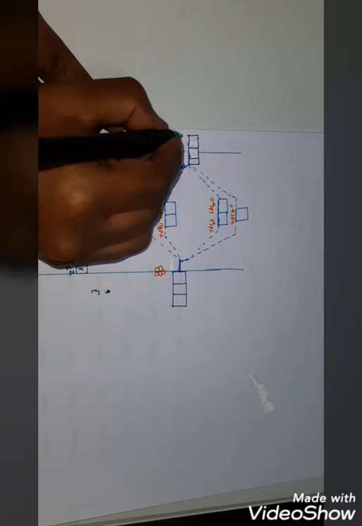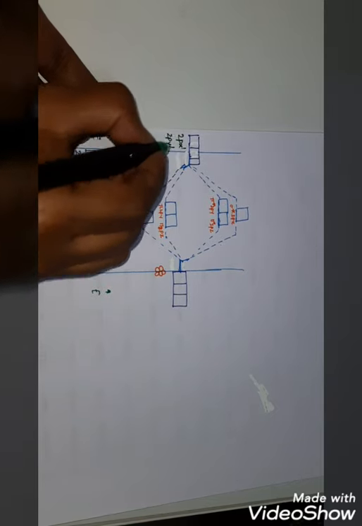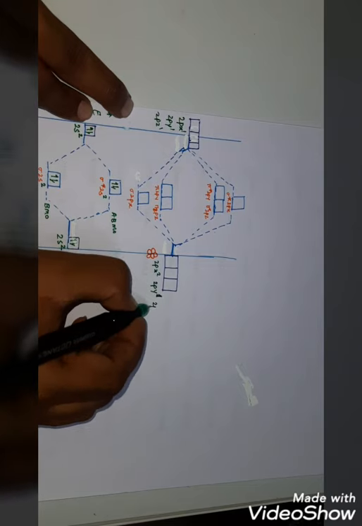Now we have here the 2px1, 2py1 and 2pz1 orbitals of nitrogen, and here the 2px2, 2py1 and 2pz1 orbitals of oxygen.